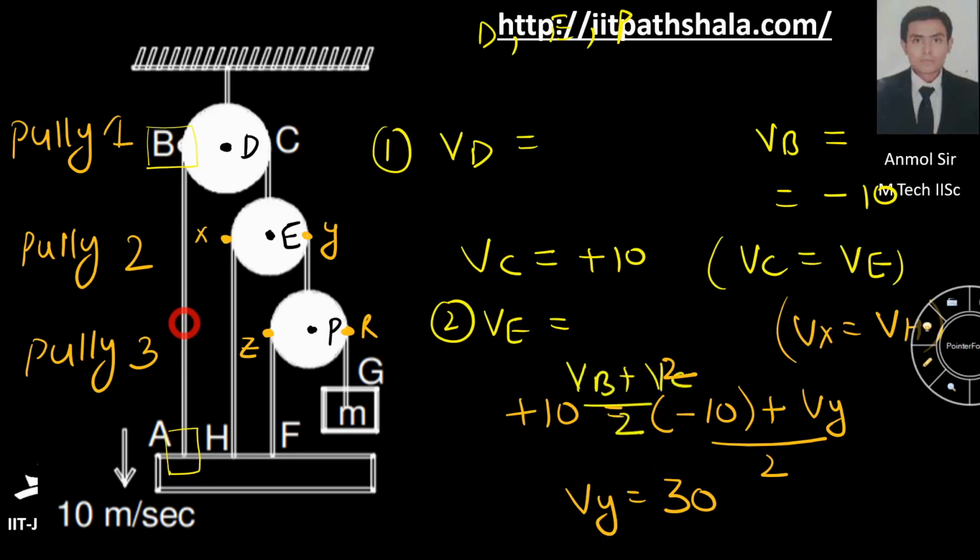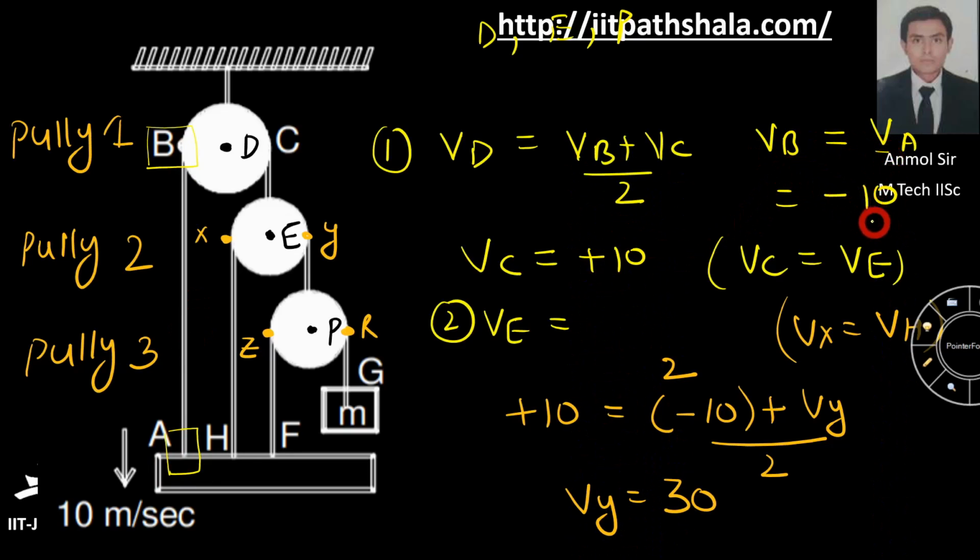So VB is equal to VA and both have the same velocity, which is 10. I have written a negative sign with 10 over here because I have chosen the sign convention that if I am going upward, I take it as positive, and if I am going downward, I take it as negative. Now using this convention and formulation, I can figure out the velocity of point C.